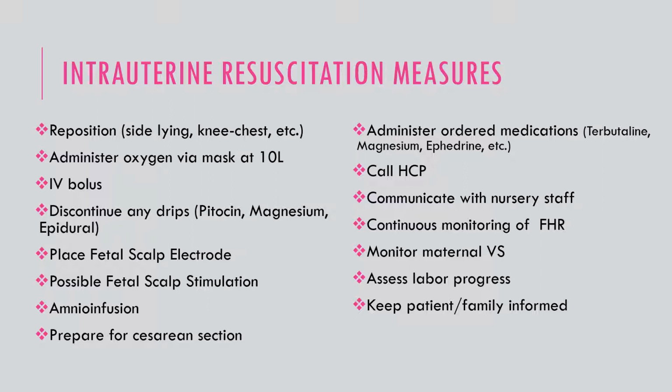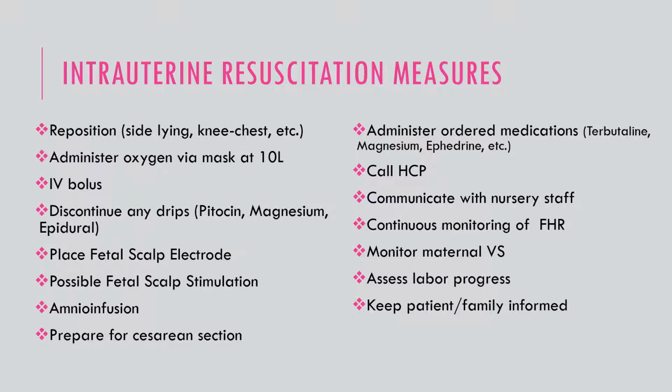So repositioning is a big one, a big intrauterine resuscitation measure. We can put these patients side lying, preferably on the left. We can put them in knee chest position if things are severe. Administering oxygen at 10 liters by mask is important to get that oxygenation to the fetus, not necessarily for mom all the time.